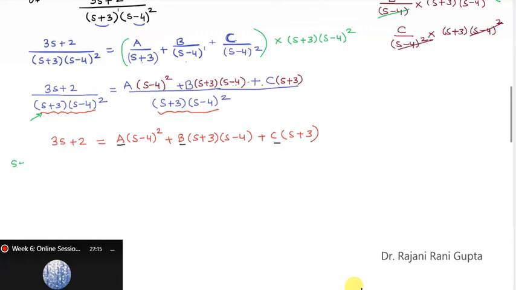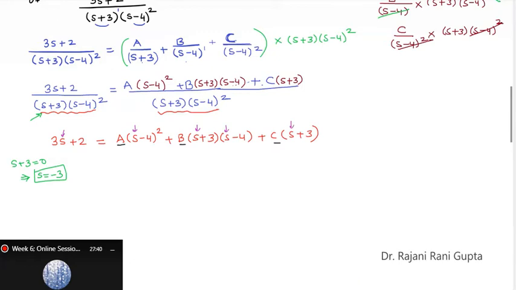One of the values is found by setting s plus 3 equal to 0. This gives you s is equal to minus 3. So let's see what will happen here. We are going to replace s here, here, here and here with minus 3.